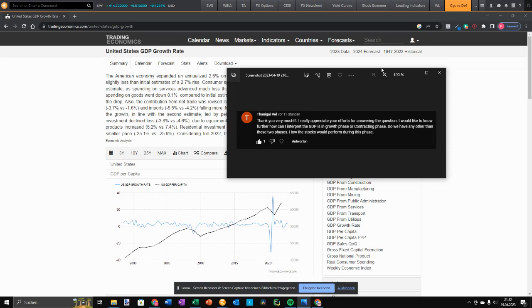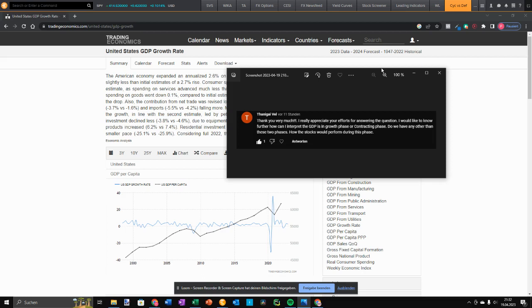That's a huge difference when you want to determine how much of your portfolio you want to invest in stocks that you trade to the upside. So that's more important. It's not so important how we call these phases.